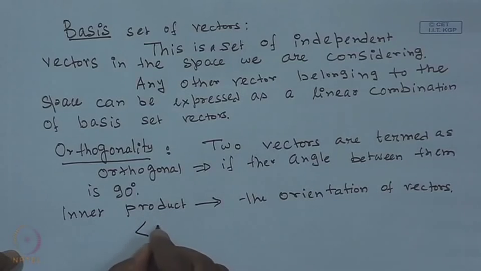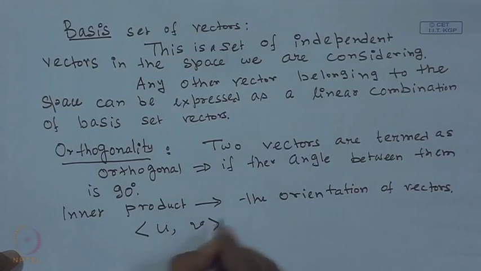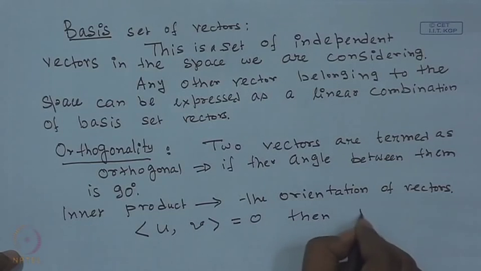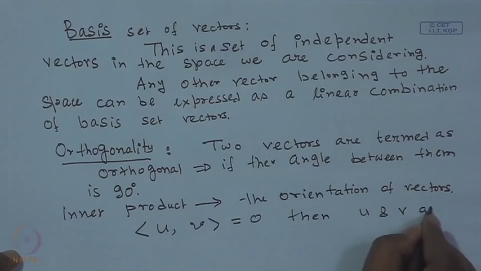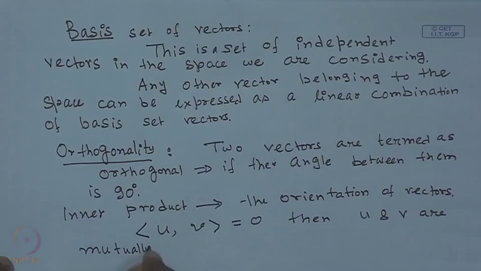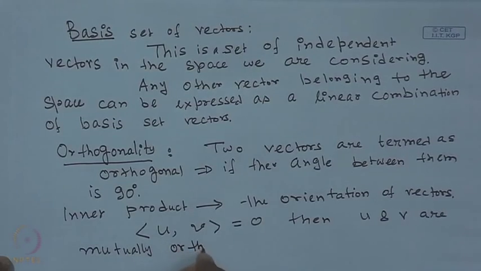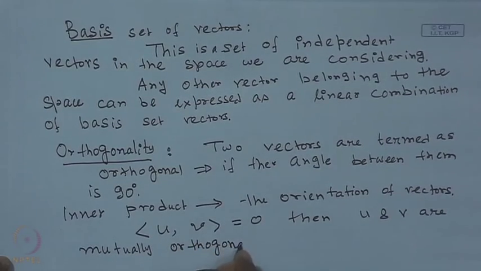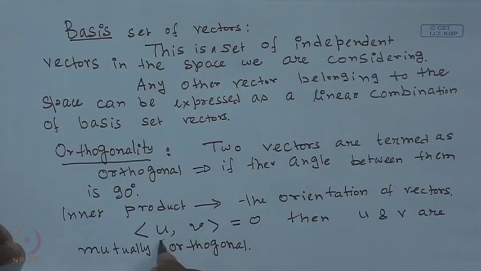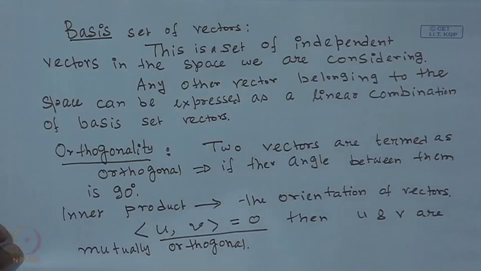That means if the inner product between two vectors u and v is equal to 0, then u and v are mutually orthogonal. Therefore, this equation gives a criterion of orthogonality of vectors.